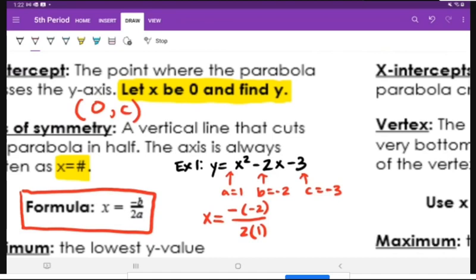You take your function, you find your a, your b, your c, and then you plug in for the a and the b into this formula. And you can simplify it. You end up with positive 2 over positive 2, which is 1. So our axis of symmetry is x equals 1. But we already knew that because we looked at the picture. Two different ways to get to the same piece of information. The picture way, the graph way, and the formula way.